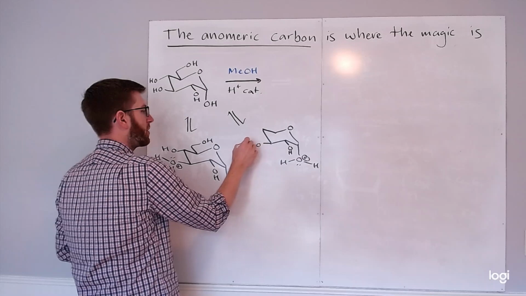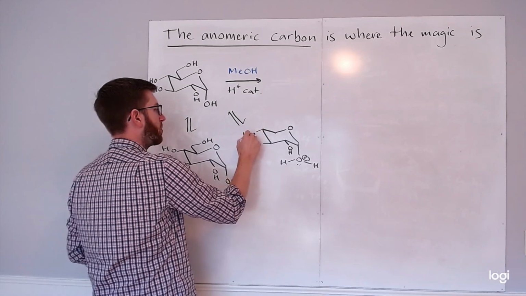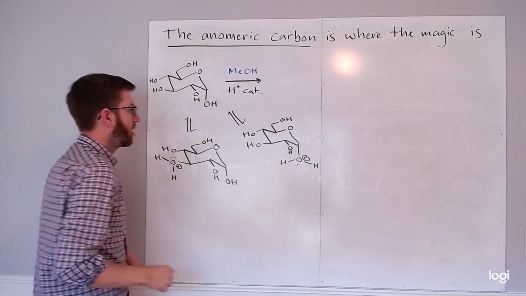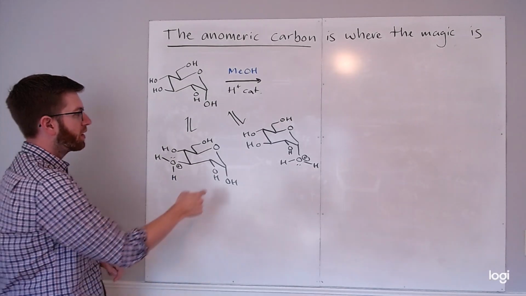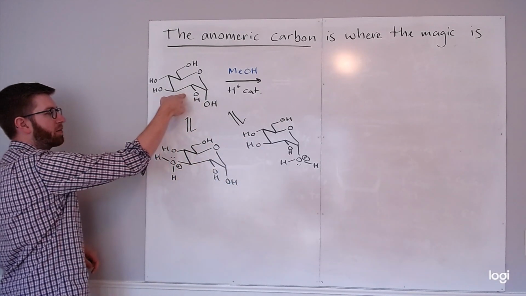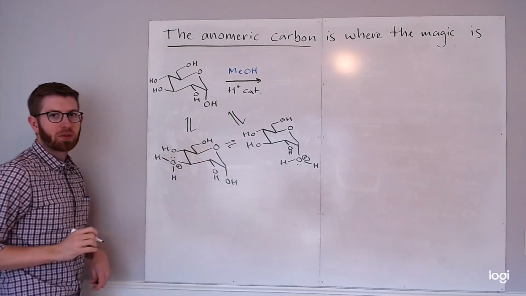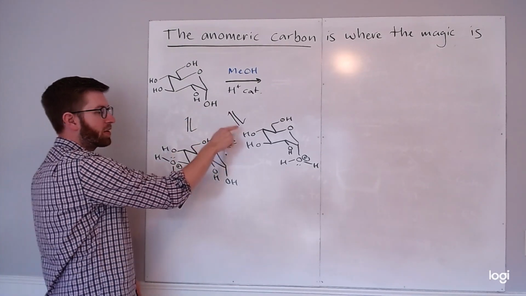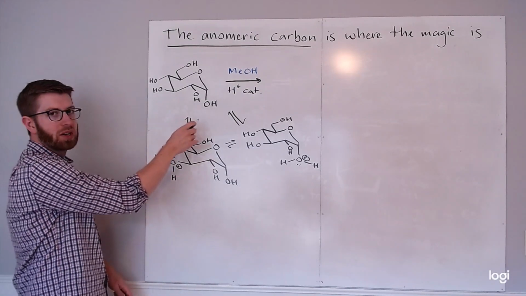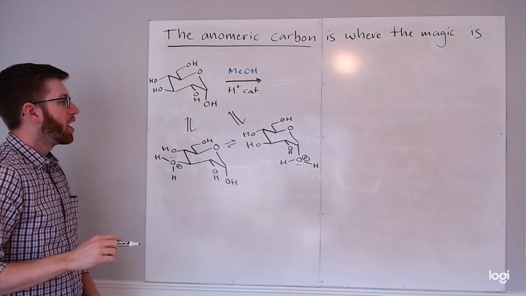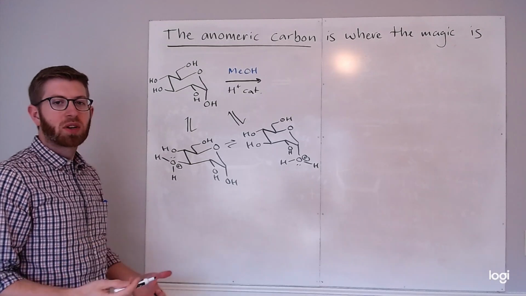And let me put in all my other alcohol groups. So many functional groups. Okay, perfect. And we know that if this structure is in equilibrium with this one, and this is in equilibrium with this, then it's also true that these are in equilibrium with one another. So again, this is illustrating the duck, duck, goose aspect of the proton getting onto each of these oxygens, but maybe only one of them gives rise to reactivity.